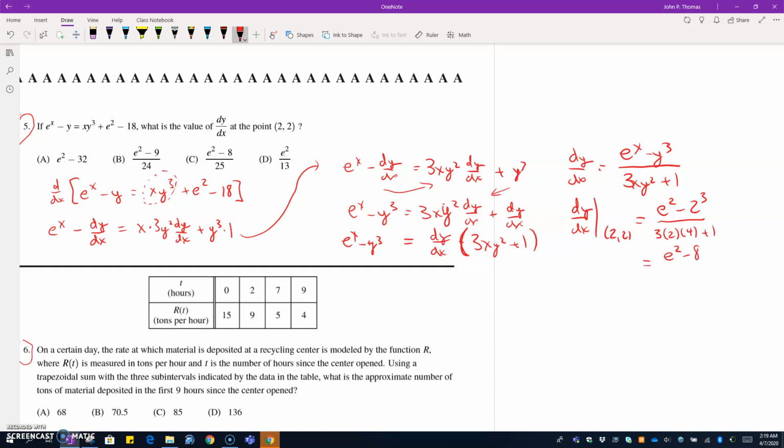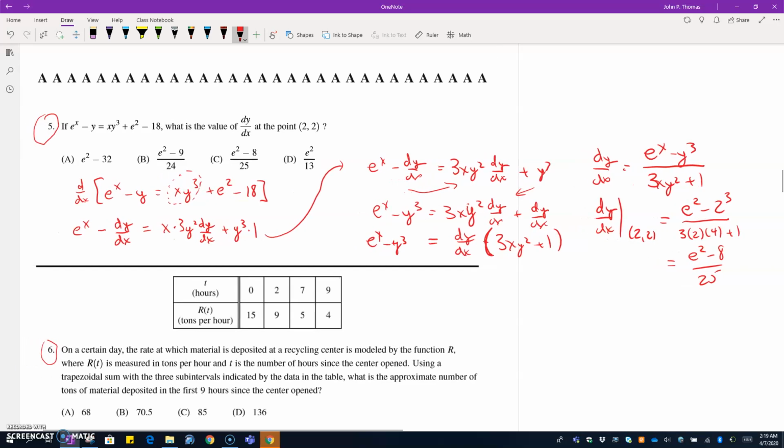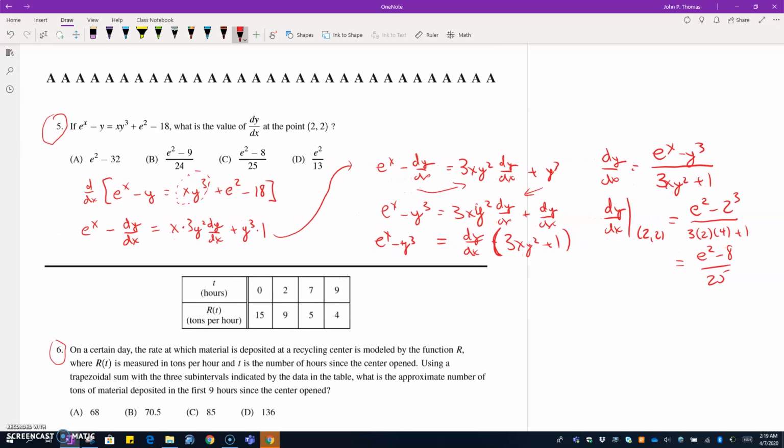That's e to the second minus 8 over 3 times 2, which is 6, times 4, which is 24, plus 1, which is 25. So e to the second minus 8 over 25, and that is choice C. So our correct answer on this one is choice C.